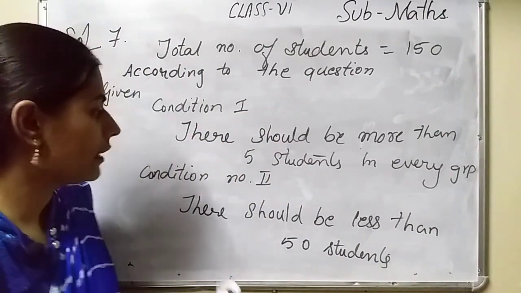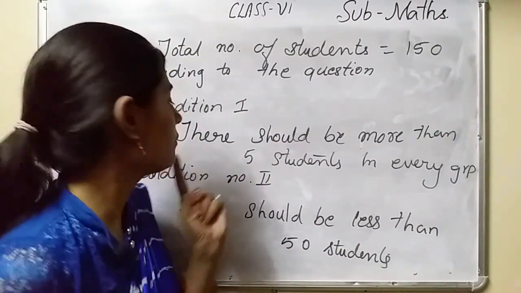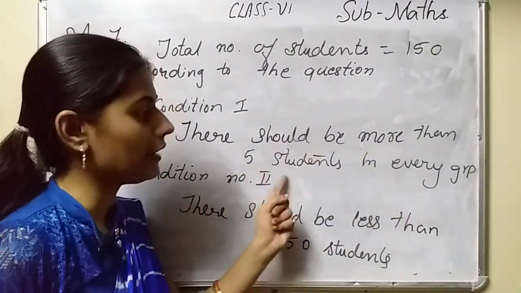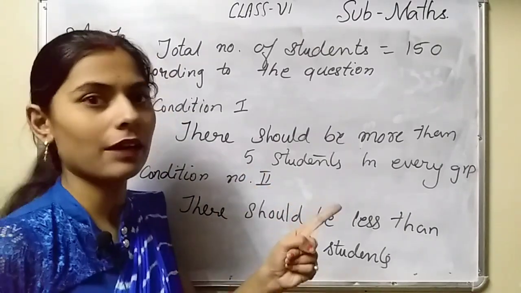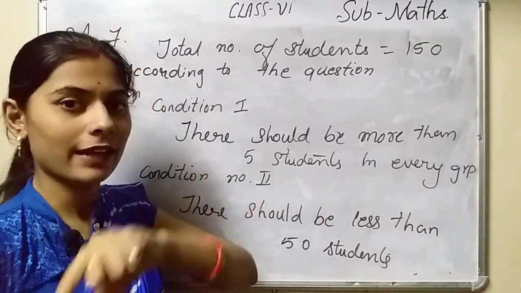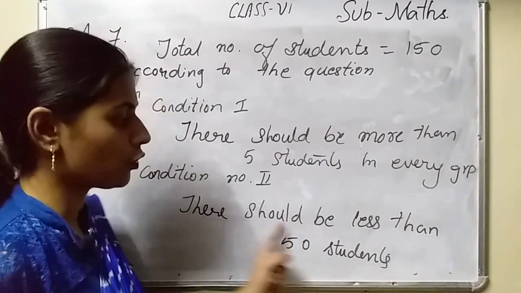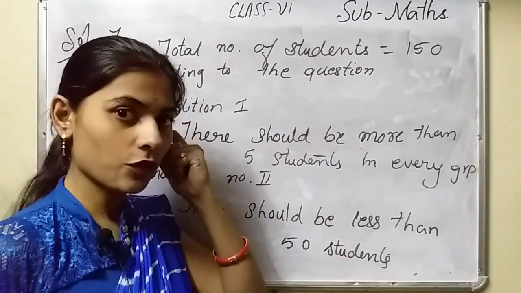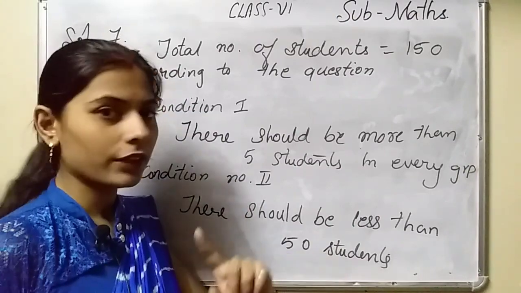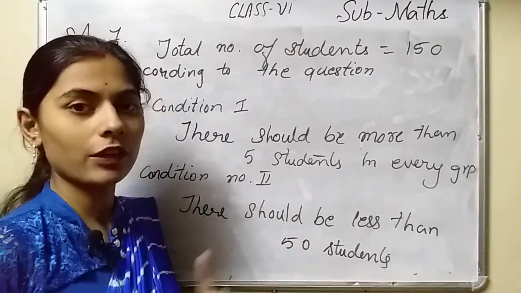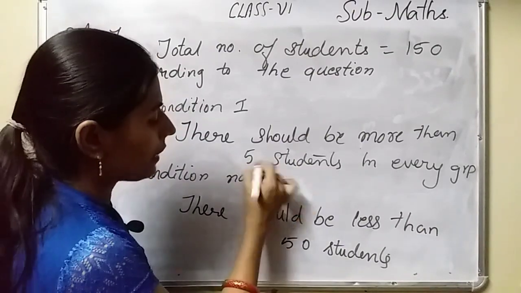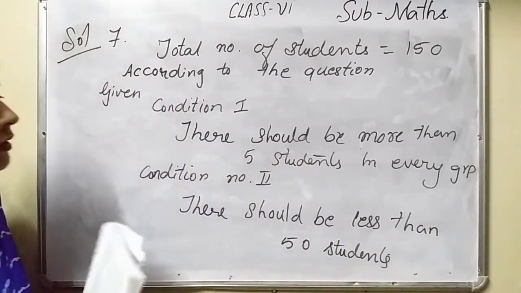So when you apply condition number first, there should be more than 5 students in every group. Means you cannot take 5; more than 5 you have to take, 6, 7, 8. And there should be less than 50 students. Means you cannot take 50; 49, 48, 30, any number you can take, only 50 you cannot take. Don't include 5 and 50 in your groups.